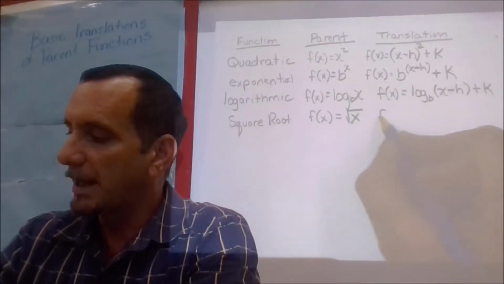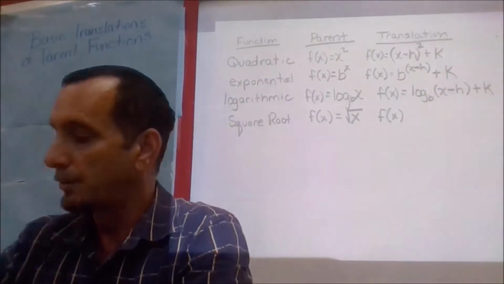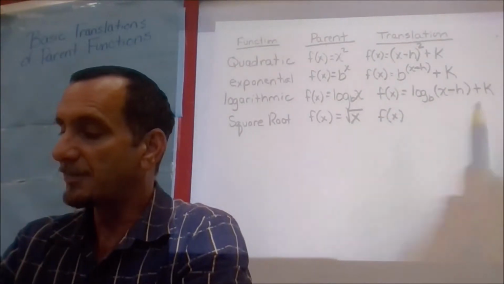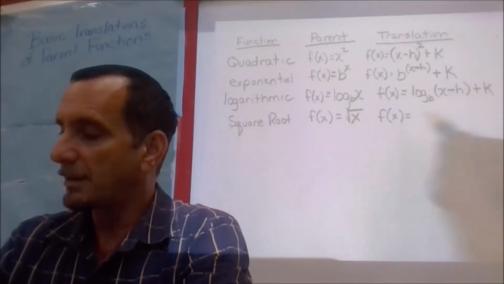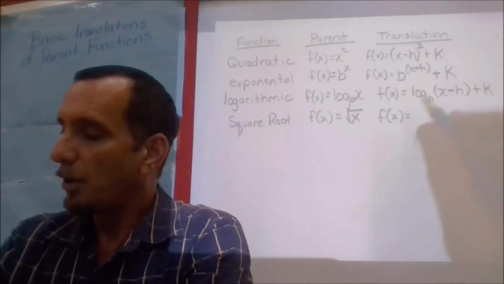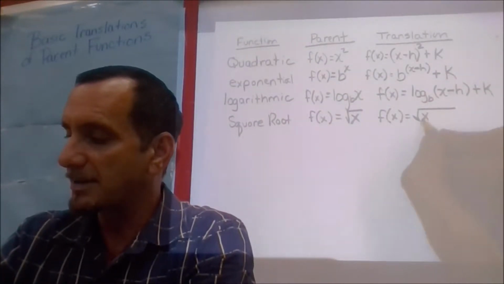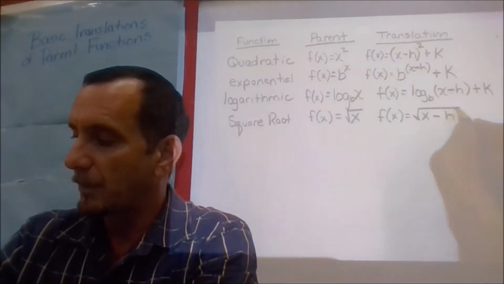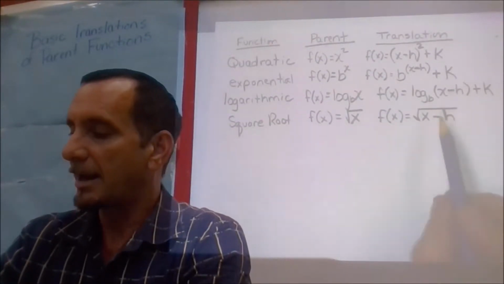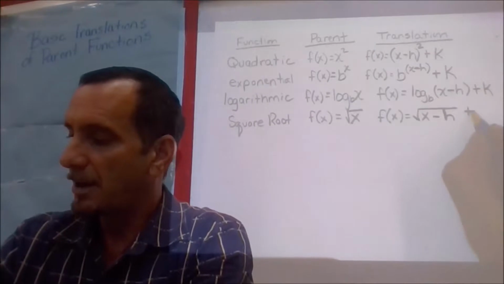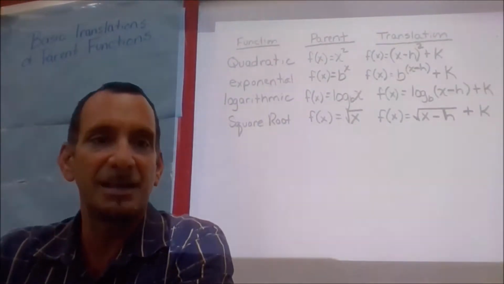Now, if you were working out a pattern on how to translate this function using the same rules, we're going to keep the h with the x under the radical. X minus h, and then off to the side we've got a plus k.